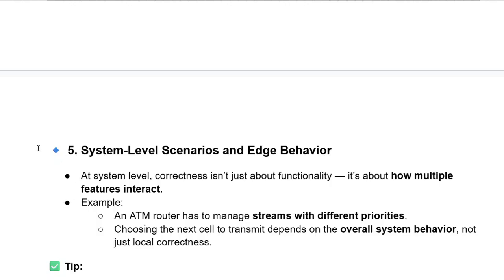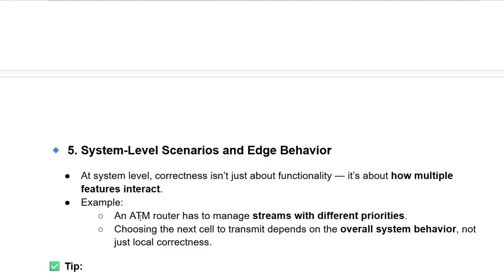System level scenario and edge behavior. At system level, correctness isn't just about functionality, it is about how multiple features interact.